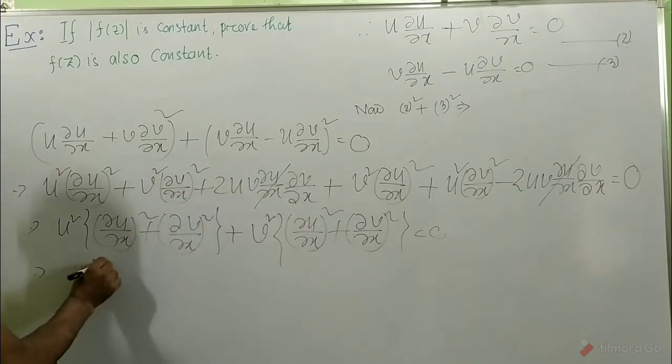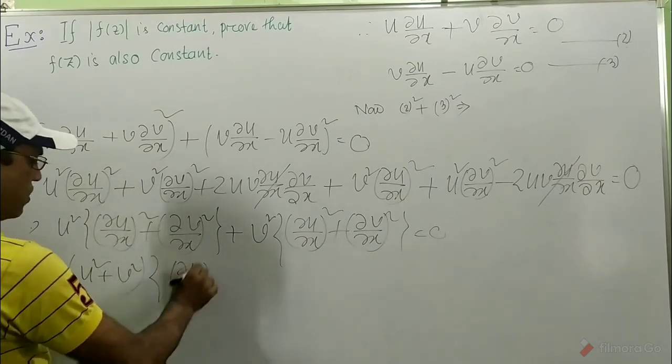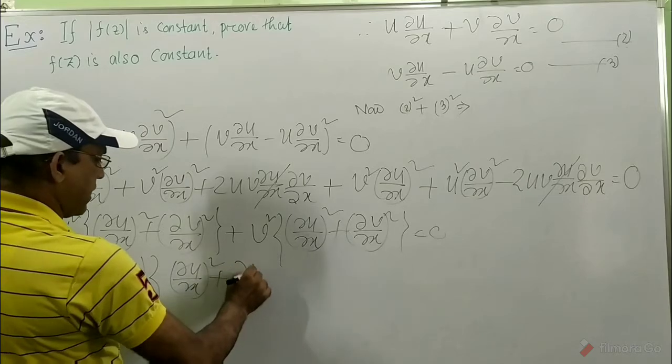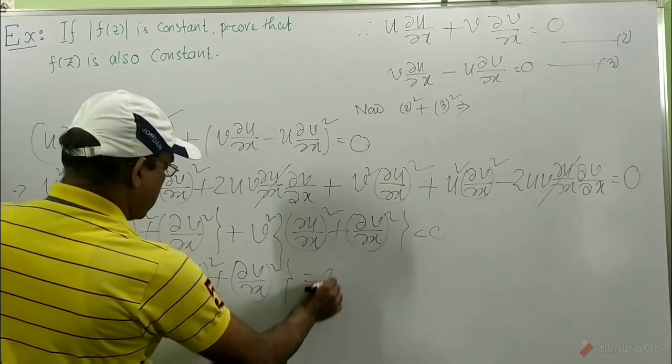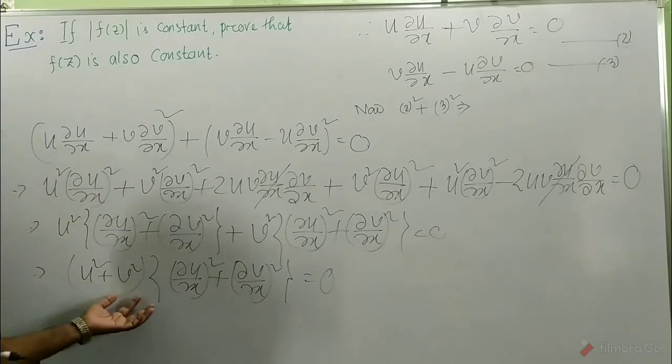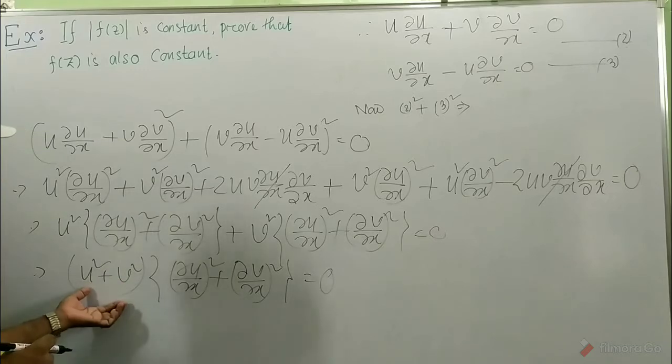Now again, these two are common, then we get (u square plus v square) times ((∂u/∂x) whole square plus (∂v/∂x) whole square) equal to 0. But u square plus v square is the constant c, it cannot be 0.